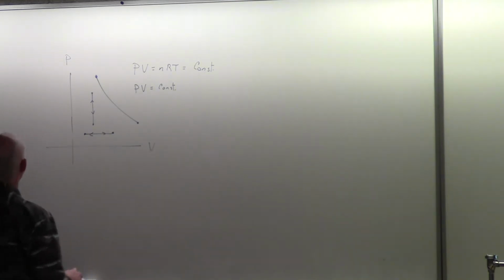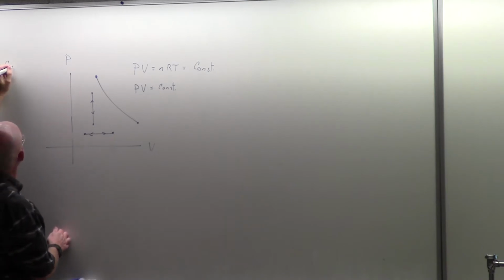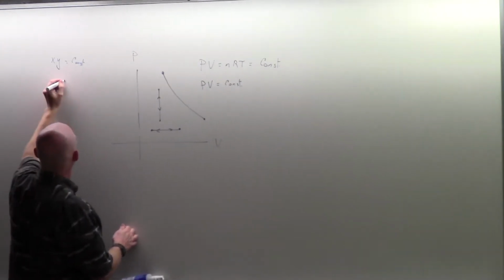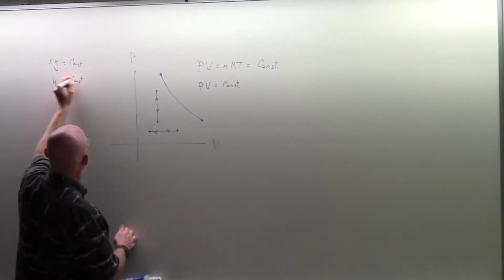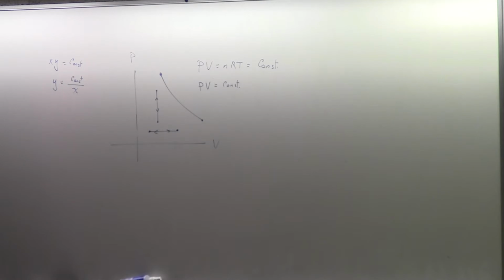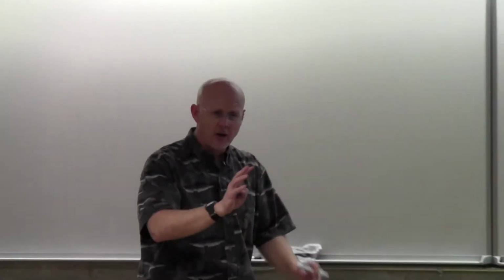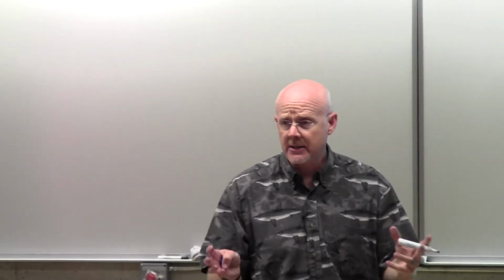And it should look just like you learned in your math class, x times y equals a constant, or y equals some constant over x, right? And so that's that plot. That one's a little harder mathematically, but not unreasonably hard. That's why we already talked about it. But did you recall? We have not given you the equation for the adiabatic line.